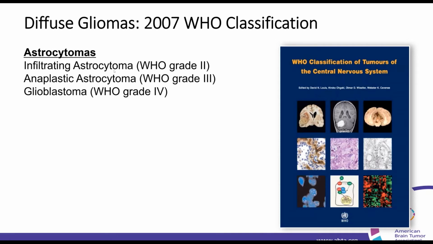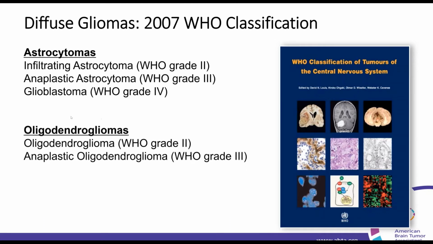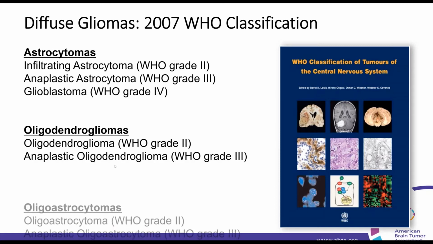I'm going to talk about the diffuse gliomas, the most common primary tumor family of adults. We define them as astrocytomas because they look like astrocytes, and we grade them based on features under the microscope. We diagnose other tumors by looking at the tissue sample under the microscope as oligodendroglioma of grade 2 and 3.